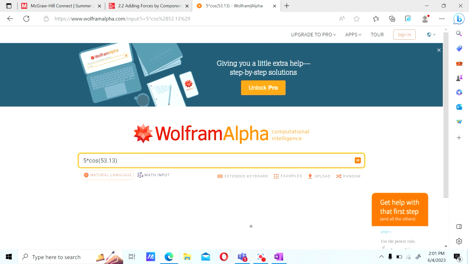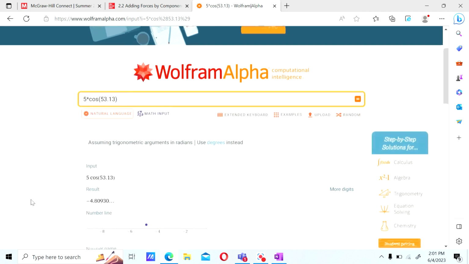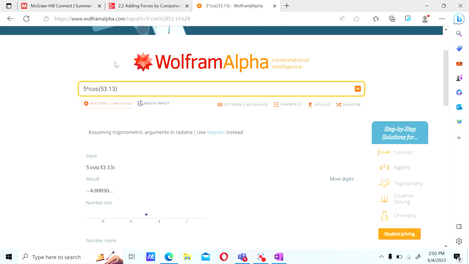But if you press enter, I want to show you something here. Be careful, because the Wolfram Alpha kernel may think that you mean something else, and you get -4.80. That is because it's thinking that you mean radians.